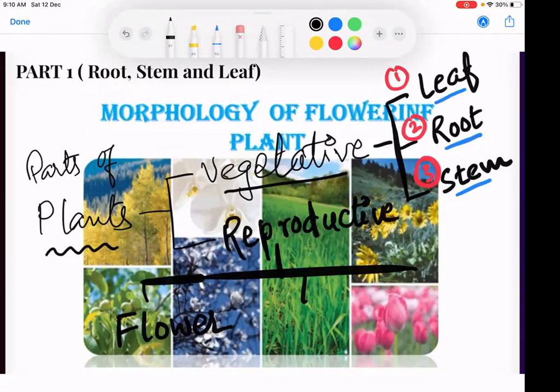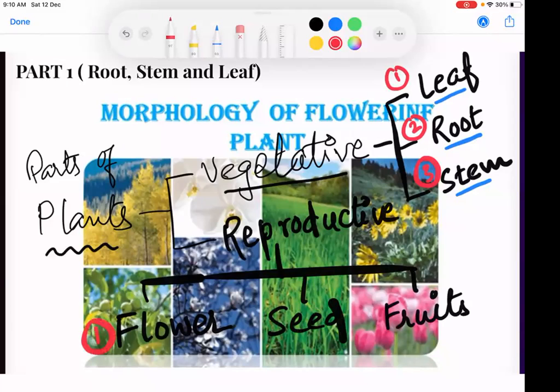Out of the flower, what we get is seeds, which are connected with the reproduction process. And the third one is fruit. So these three components or parts are associated with the reproductive process.